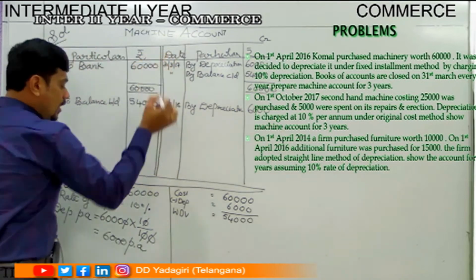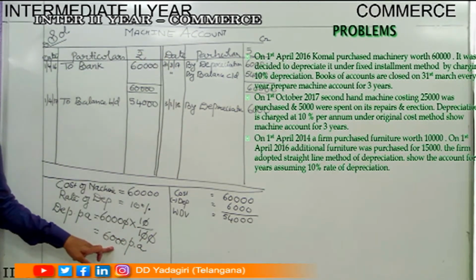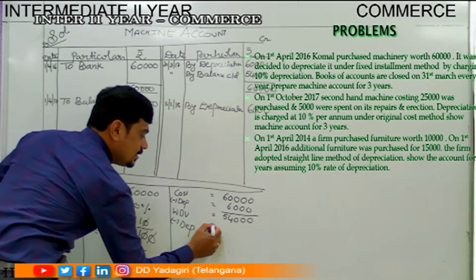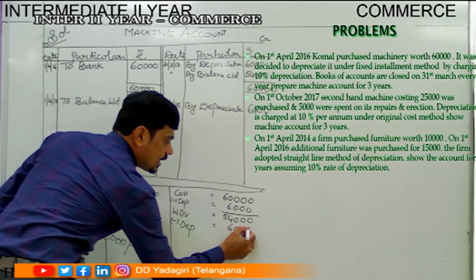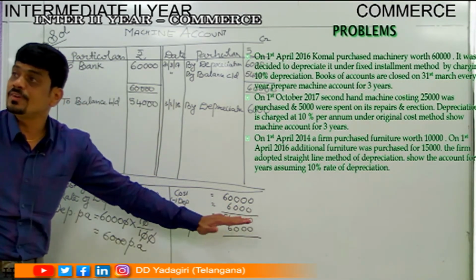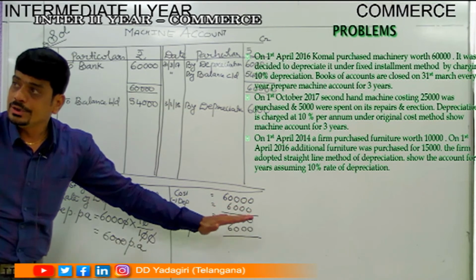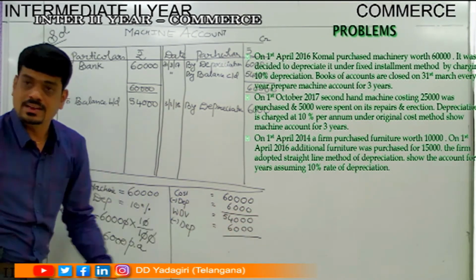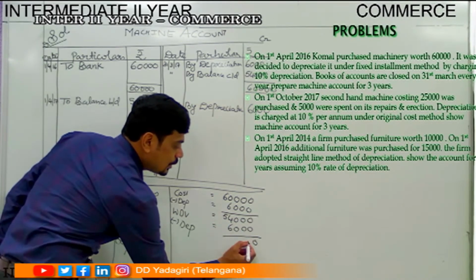On original cost I calculated 6,000. Again I'll go to working and subtract here, minus depreciation 6,000. Always keep in mind the place of decimals. According to the place of decimals, write the figures so that you will get the correct answer. So 0, 0, 0.